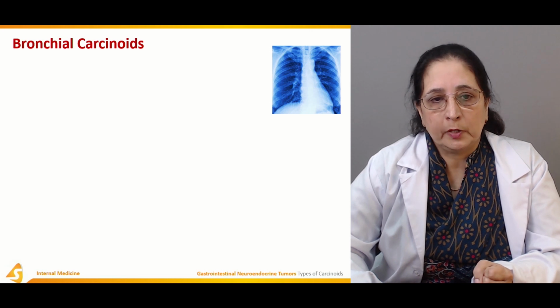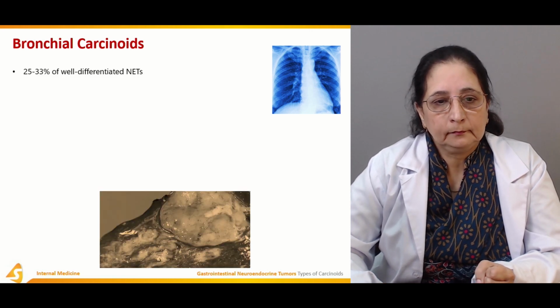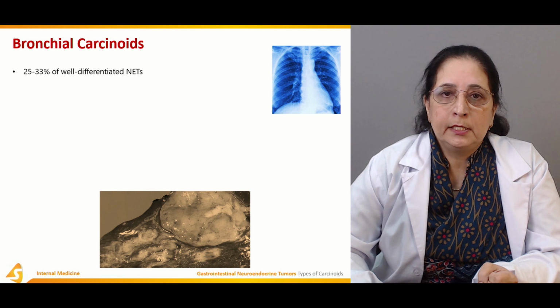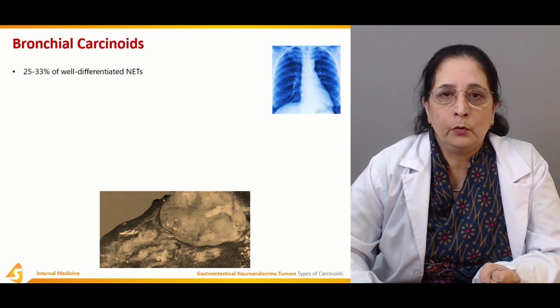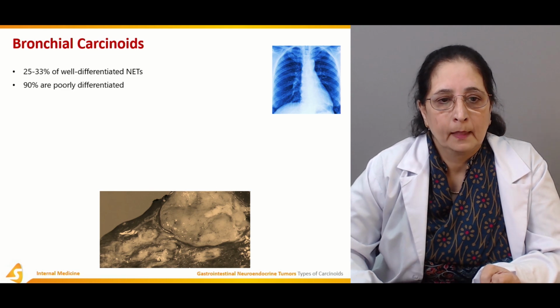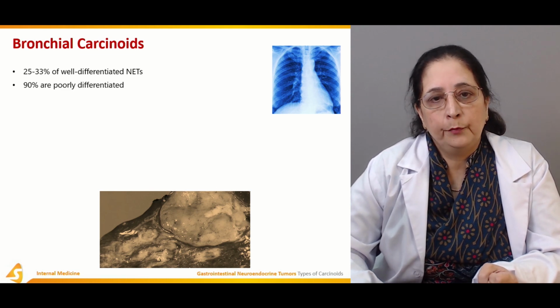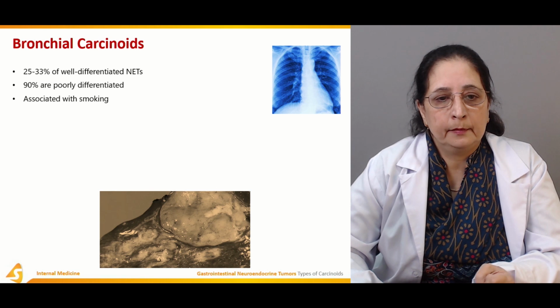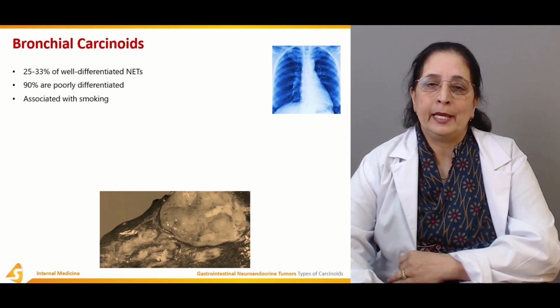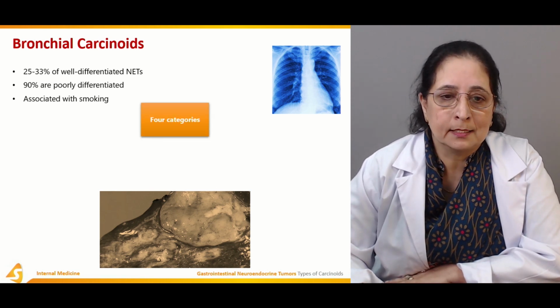Bronchial carcinoids. 25 to 33% are well-differentiated neuroendocrine tumors. 90% are poorly differentiated, associated with smoking because they are in the lungs.